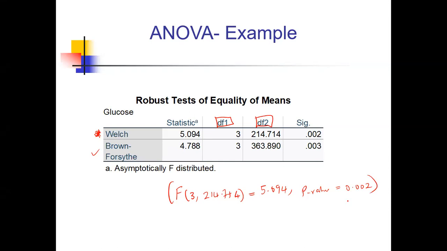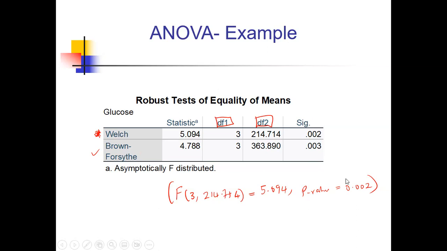You report your result in words the way we explained in the previous slide. After reporting it in words, saying that we rejected the null hypothesis because the p-value was smaller than 0.05, and then we conclude that at least one of the group means differs from the mean of the other groups, then in parentheses you put this numerical evidence to support that statement in words.